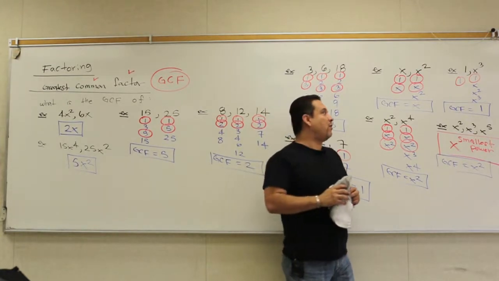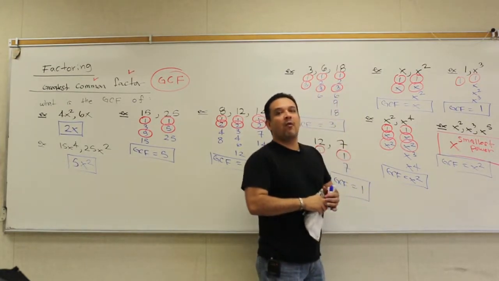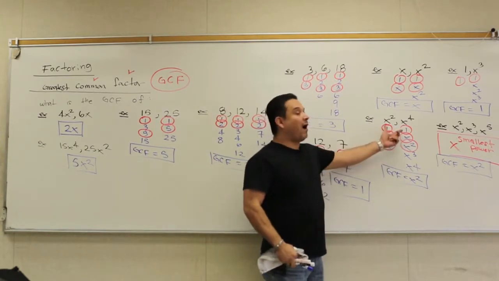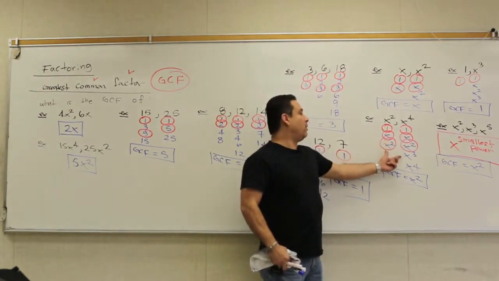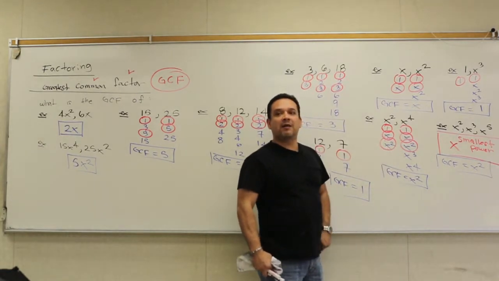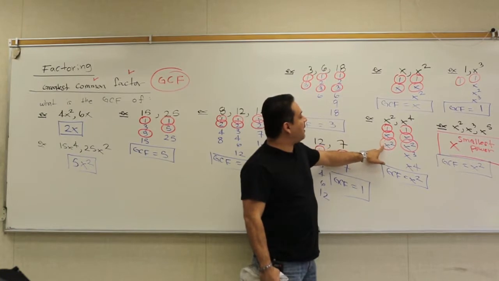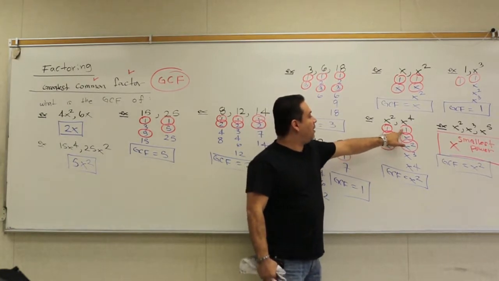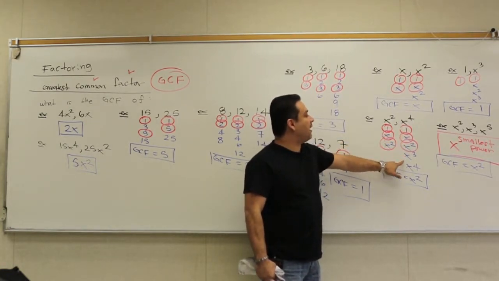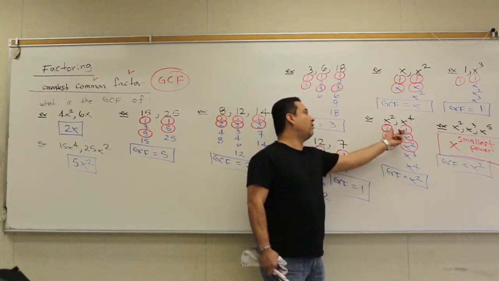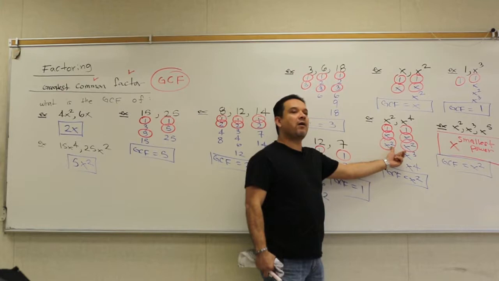It just so happens with variables, when you follow your process. What's the process? Finding factors. 1, x, x squared. 1, x, x squared, x cubed, x to the fourth. Which are common? 1, x, x squared.